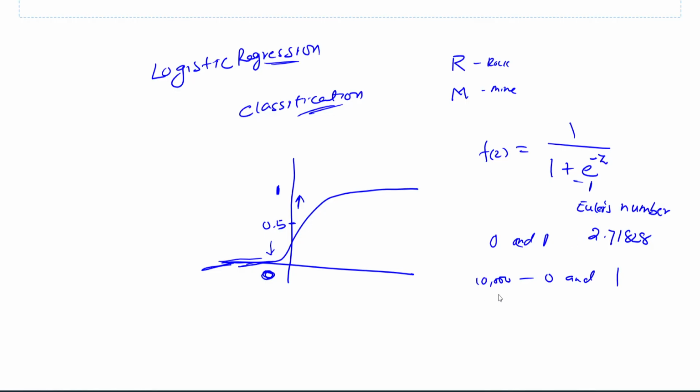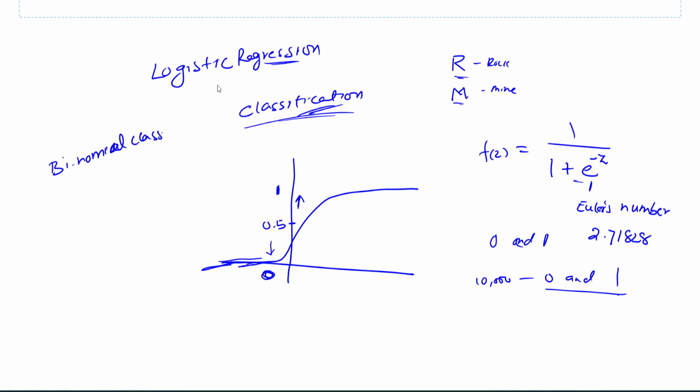Even if you give negative numbers, it will do the same thing. The type of classification we are doing here is called binomial classification, because we only have two labels, rock and mine.